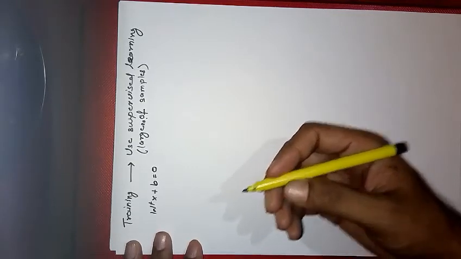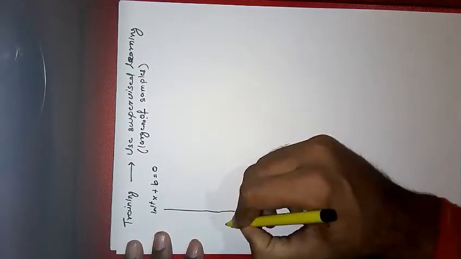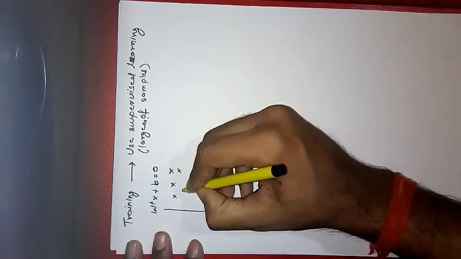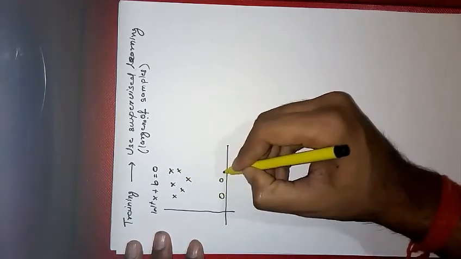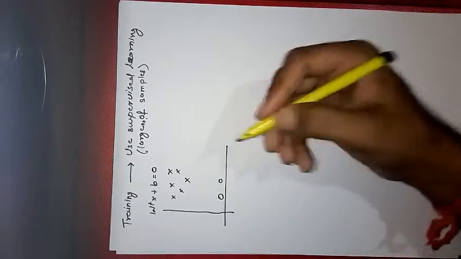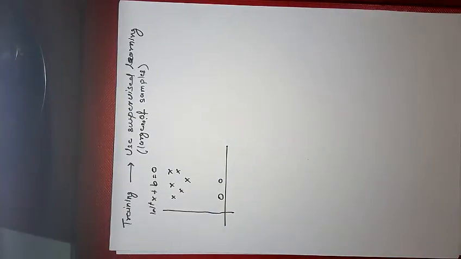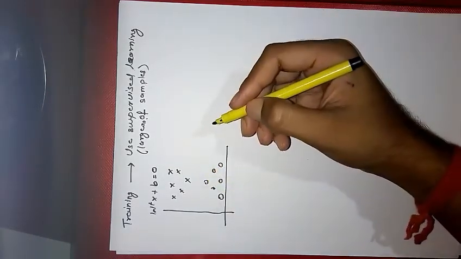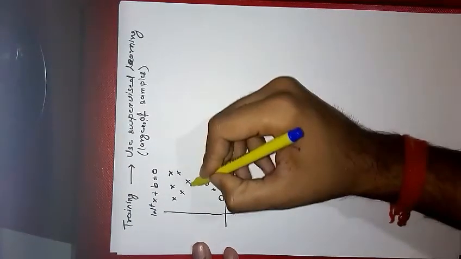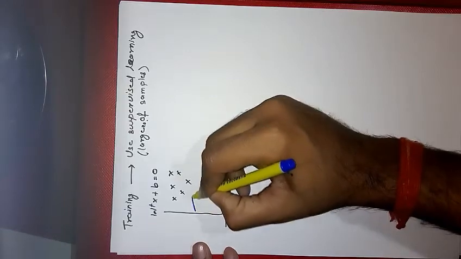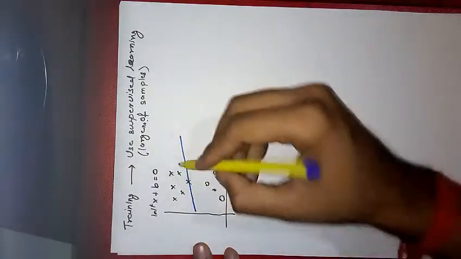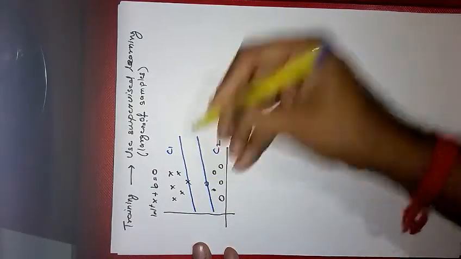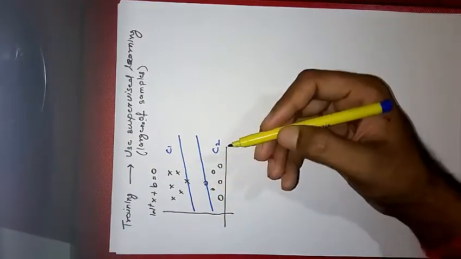Like, this is the graph, and this is class C1, and this is class C2, and this line passes through the feature vector of class C1, and this line passes through the feature vector of class C2.